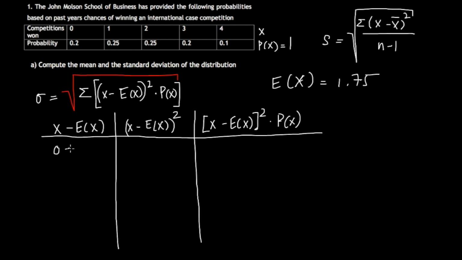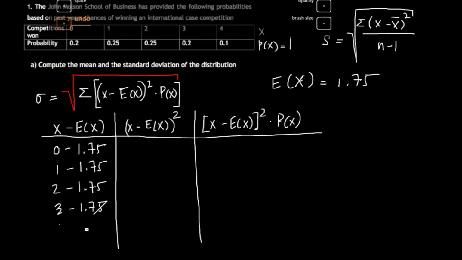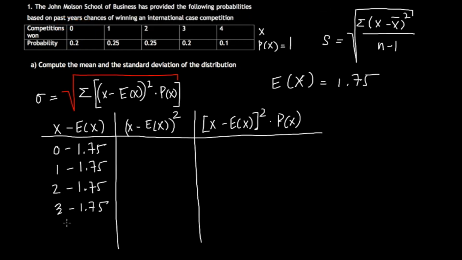So I'm going to have 0 minus 1.75, 1 minus 1.75, 2 minus 1.75, 3 minus 1.75, and finally 4 minus 1.75, right?